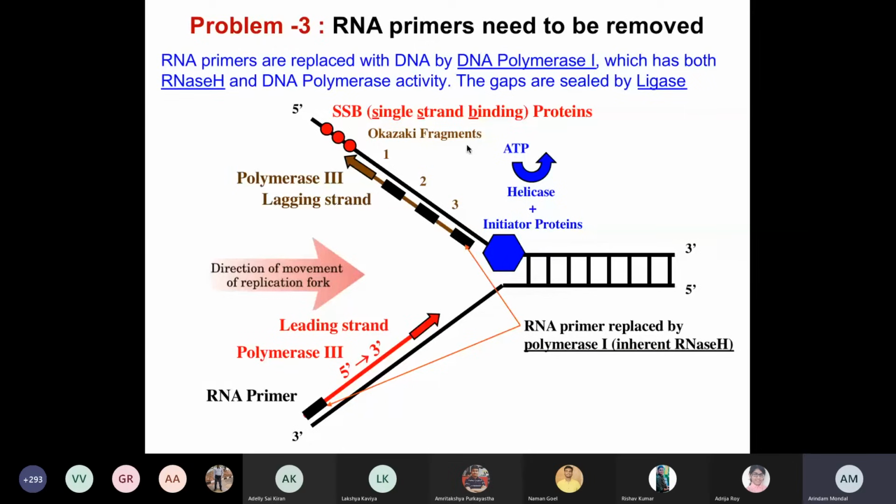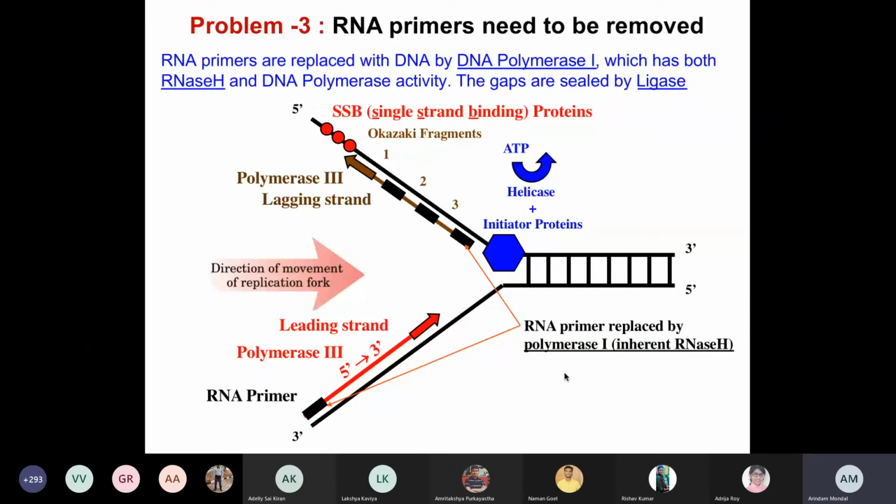Okay, so for this RNase H enzyme, basically there is another DNA polymerase, which is DNA polymerase 1. Now DNA polymerase 1 contains 2 different enzymatic activities. First one is basically the RNase H activity. Okay, and RNase means an enzyme which can destroy RNA.